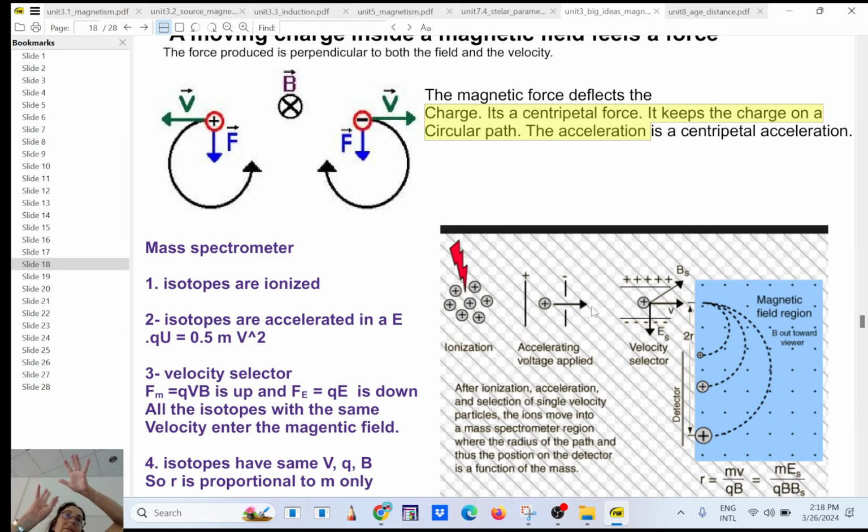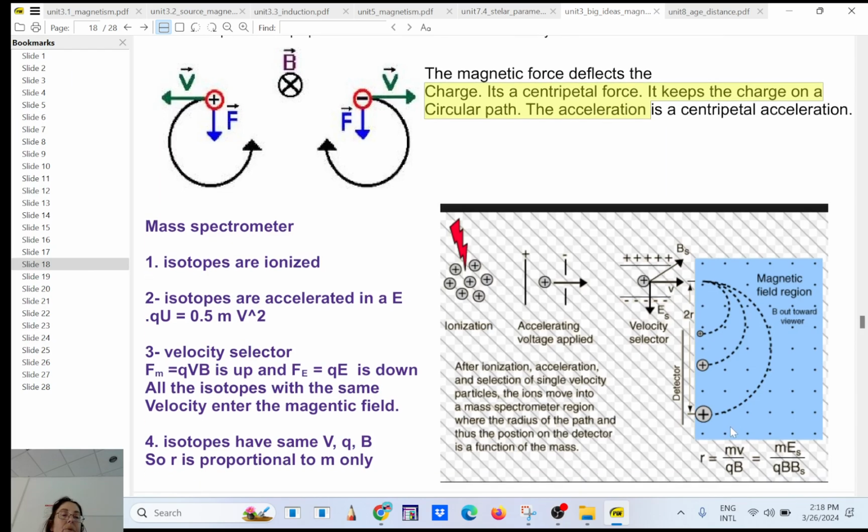So they have about the same velocity, but maybe some will go faster, some will go slower. So that's not right. You need to have one single velocity for all of them, all the isotopes.